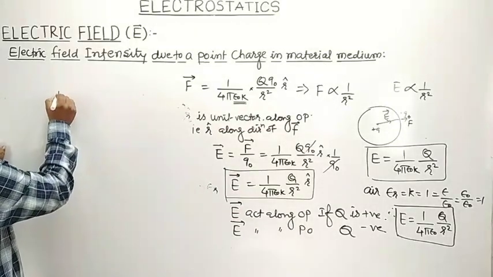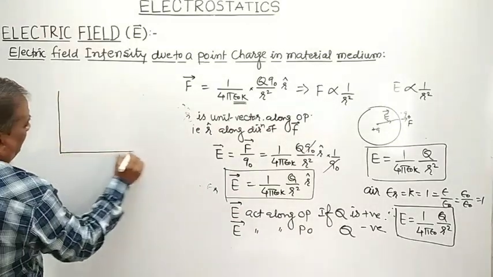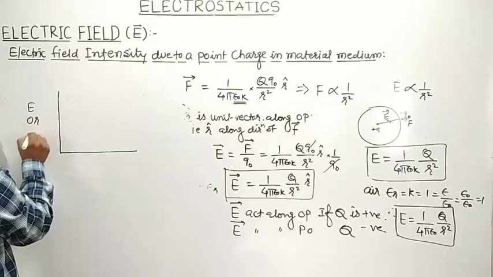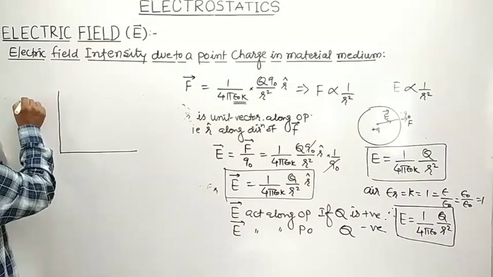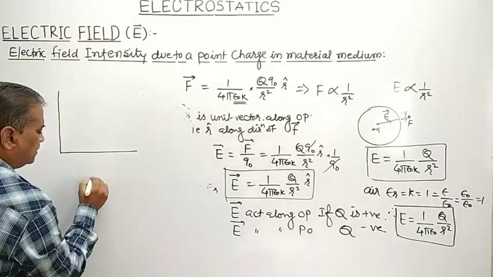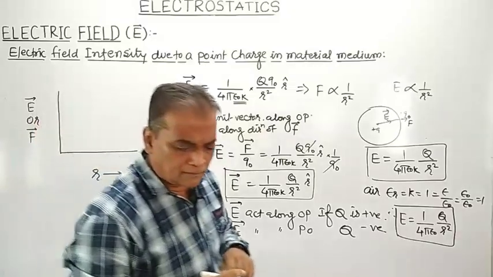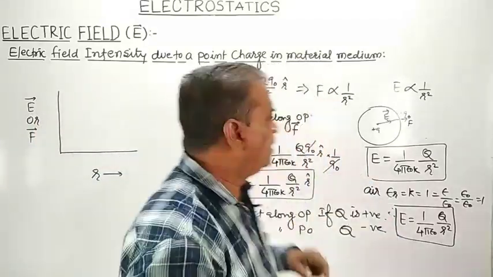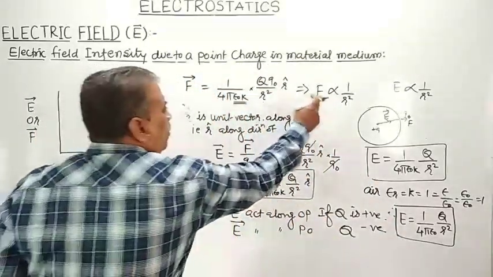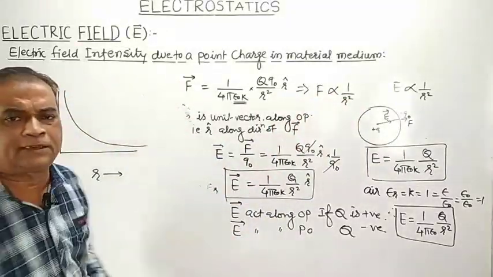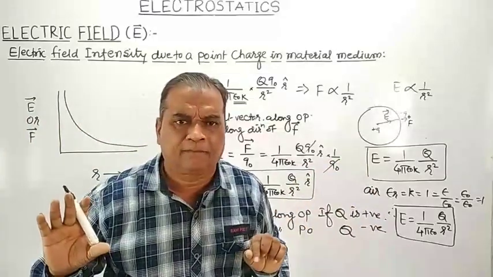It means if we try to plot a graph of electric intensity or Coulomb force against the distance r, then as they obey the inverse square law, that graph must be exponentially decaying in nature.